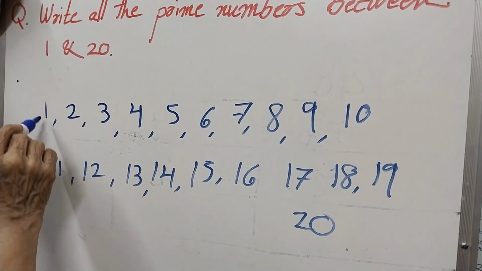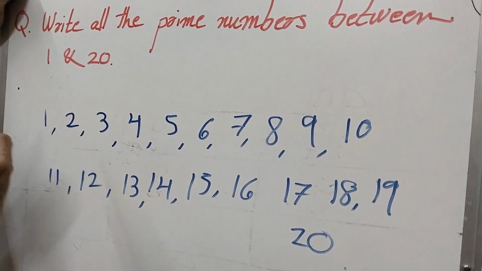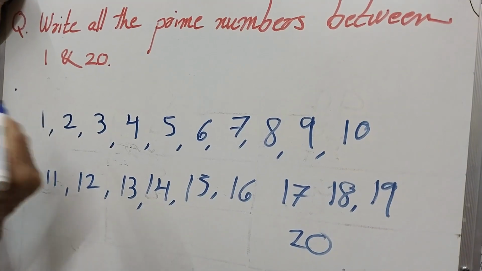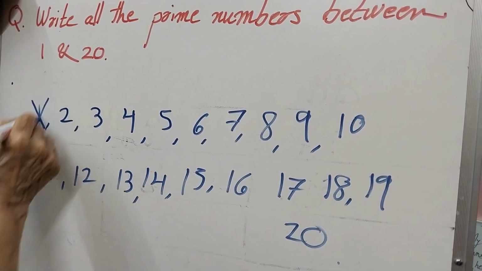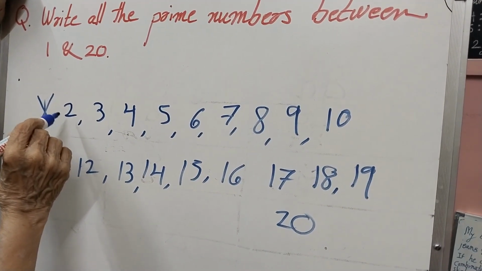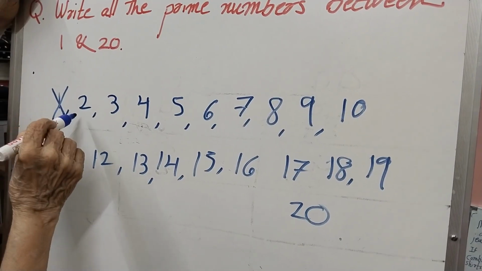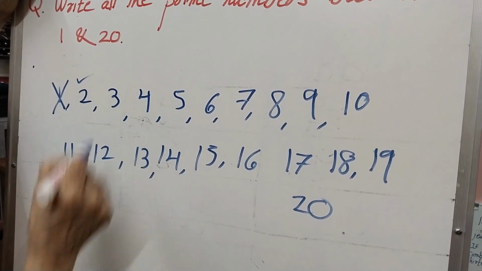Now, number 1 is neither a prime number nor a composite number that we know, so we put a cross on it. Number 2 has got only 2 factors, 1 and 2, so it is a prime number.